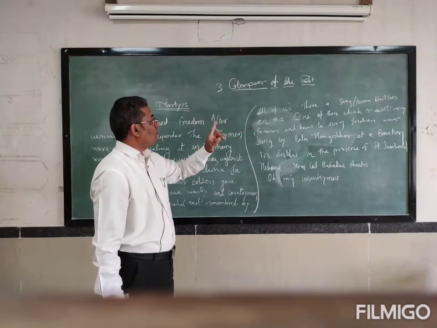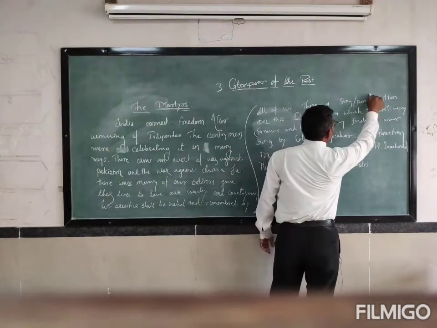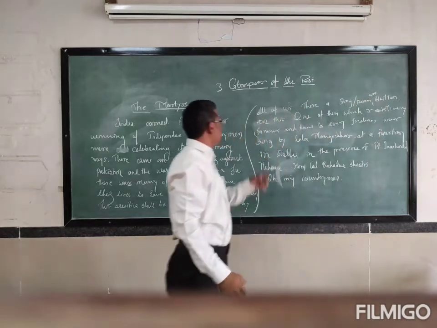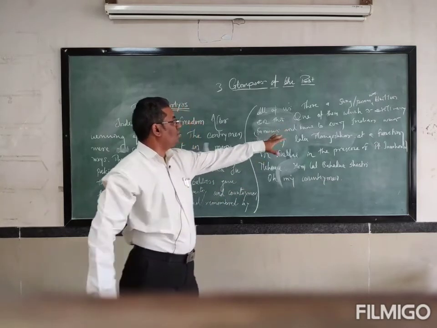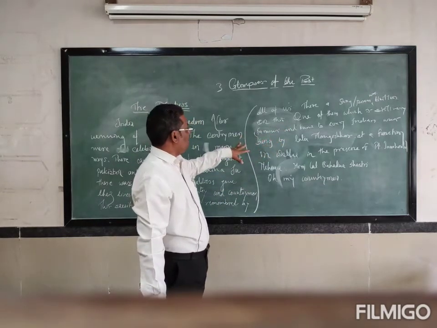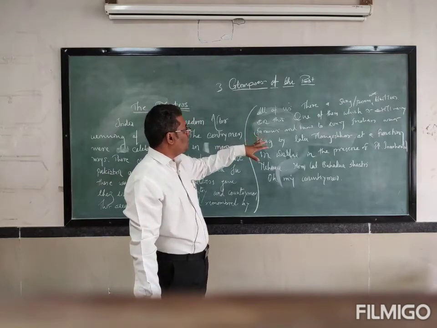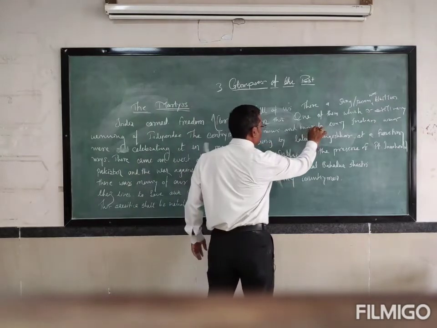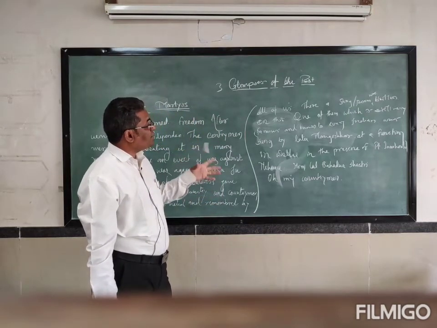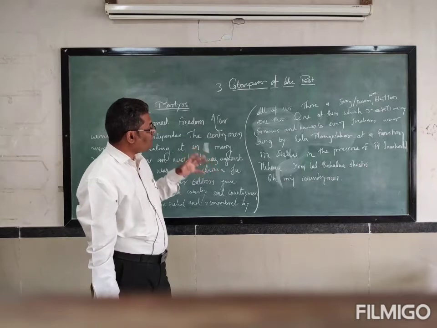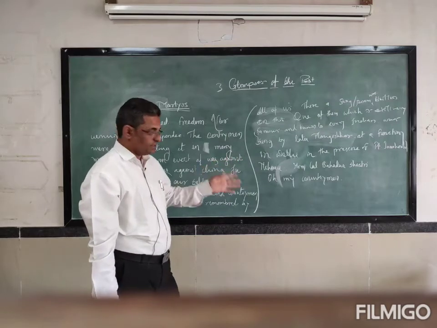There a song, poem was written, I forgot to write, was written on this situation. One of them, which is still very famous and known to every Indian, was sung by Lata Mangeshkar at a function in Delhi in the presence of Pandit Jawaharlal Nehru, Honorable Lal Bahadur Shastri and others.